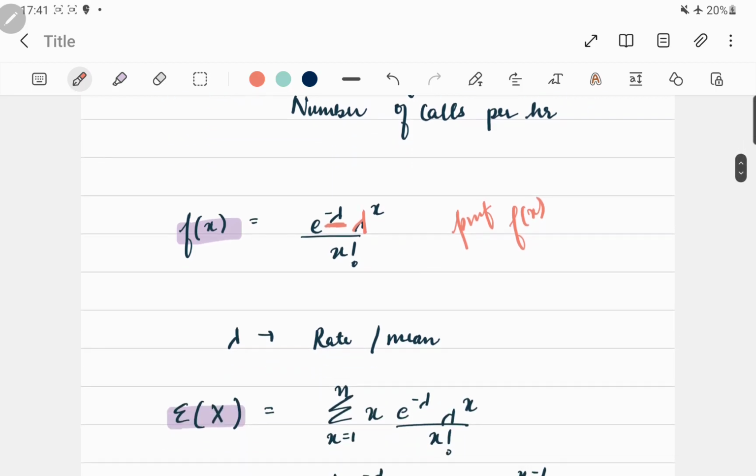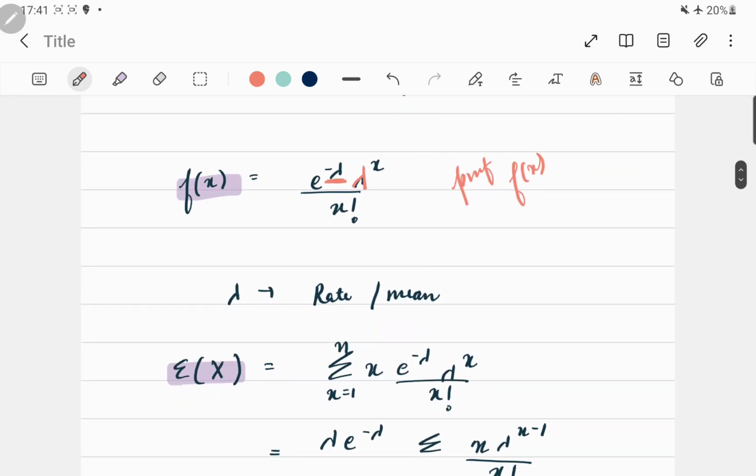Okay, so now let's define the mean or the expectation. So it is nothing but summation of x into f of x, right? And here our f of x is e to the power minus lambda, lambda to the power x upon x factorial, right?